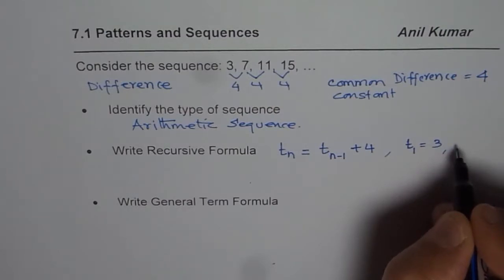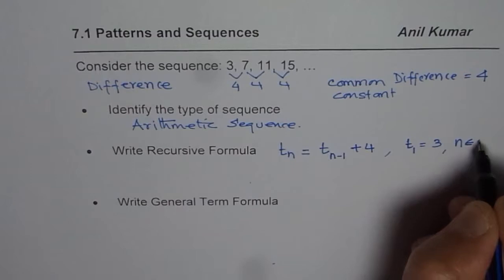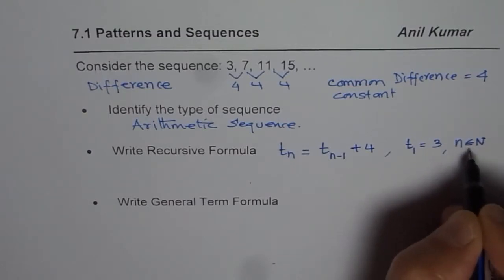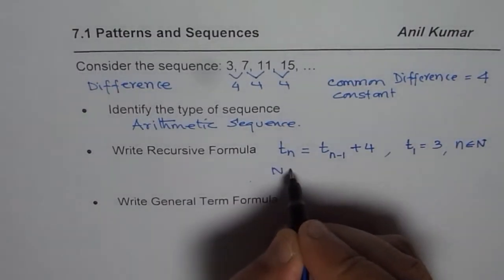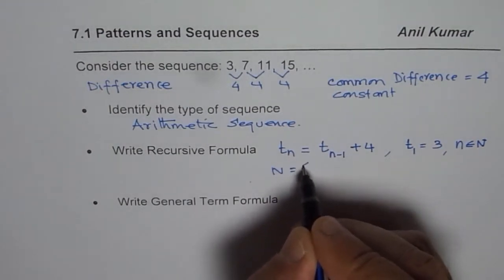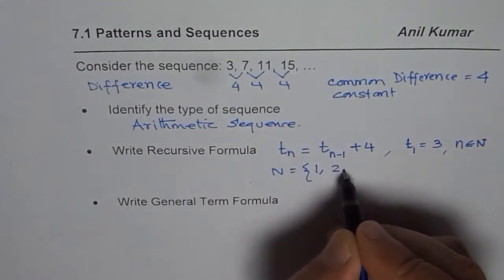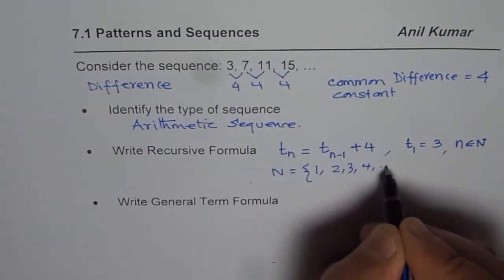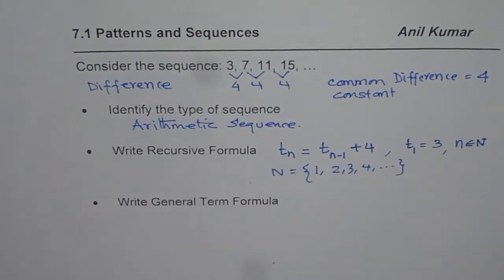In general, for all the sequences which we are going to consider, n belongs to the set of natural numbers. When we say natural numbers, it means numbers like 1, 2, 3, 4, and so on. 0 is not included. Remember that. Okay, so that is up to recursive formula.